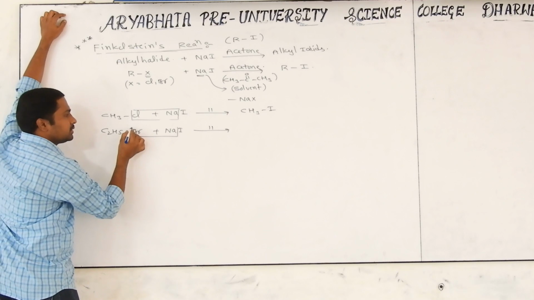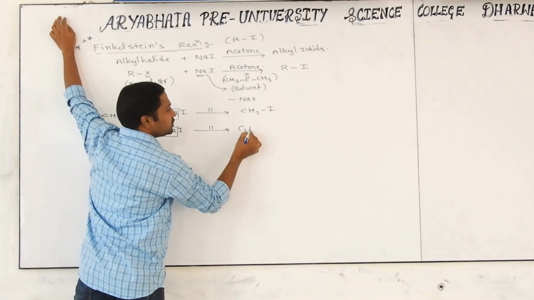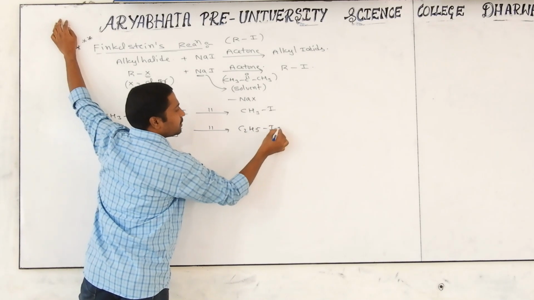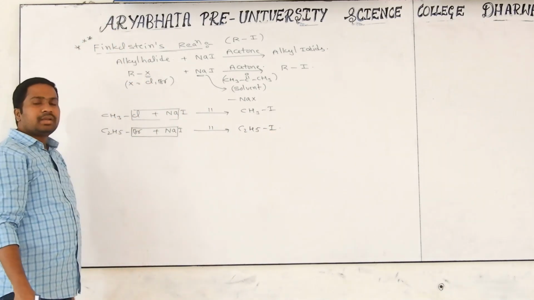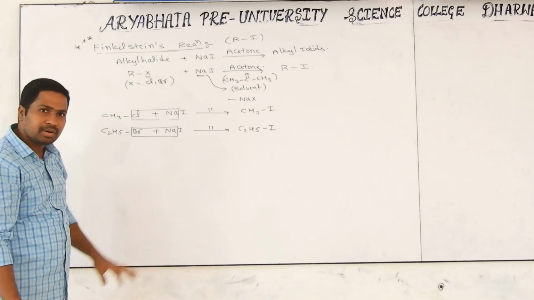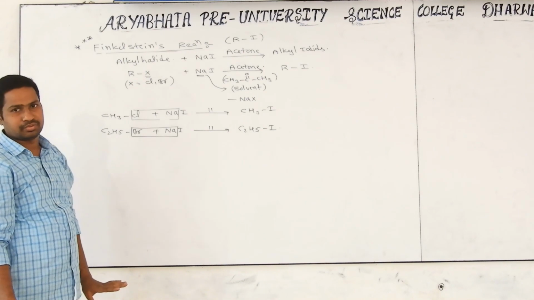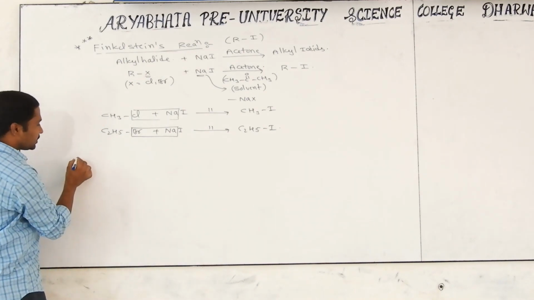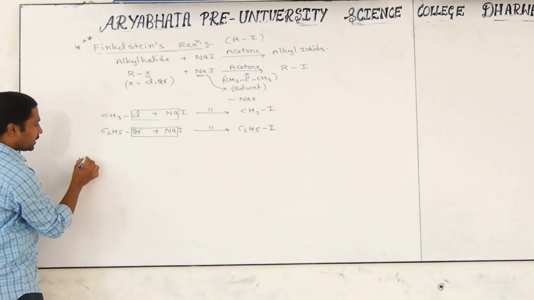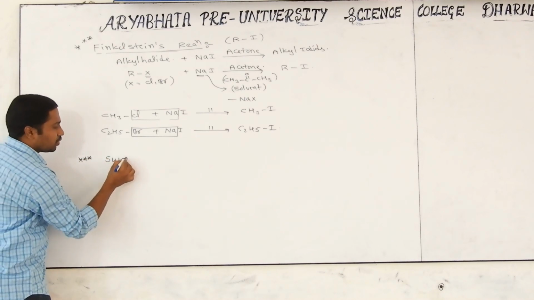NaBr will be undergoing elimination. Then what is coming? C2H5I is coming. Anyway, the Finkelstein reaction is especially for the preparation of alkyl iodides from alkyl halides other than iodide compounds. And I will discuss one more named reaction for the preparation of alkyl halides, it's nothing but the Swarts reaction.